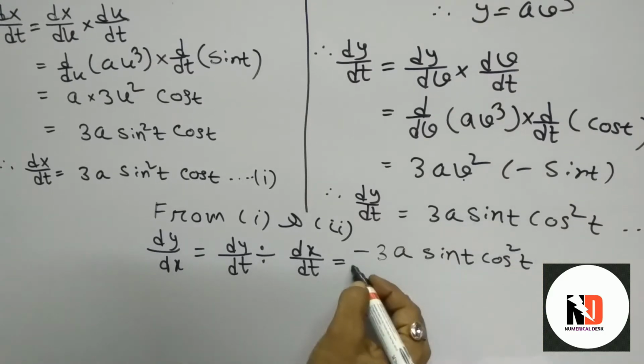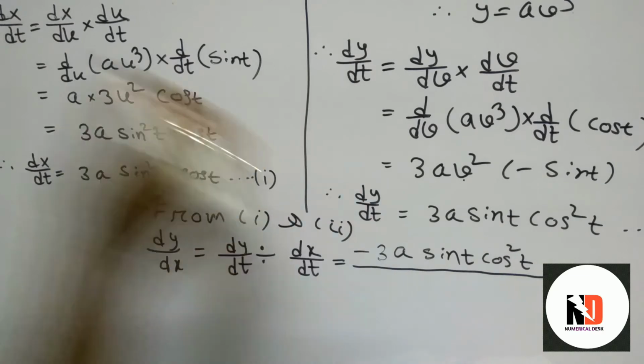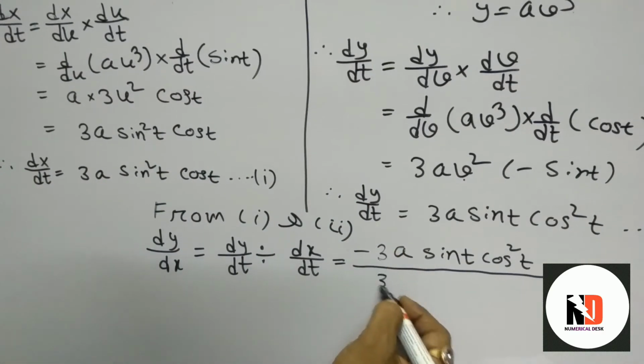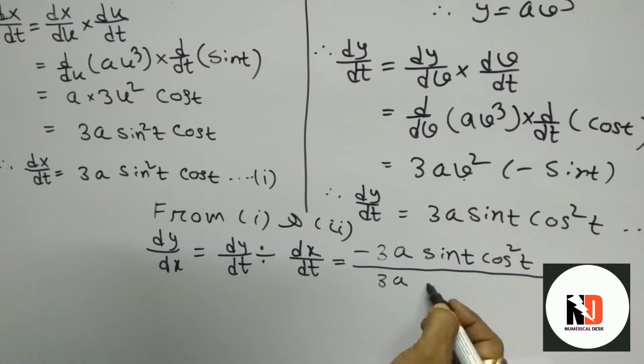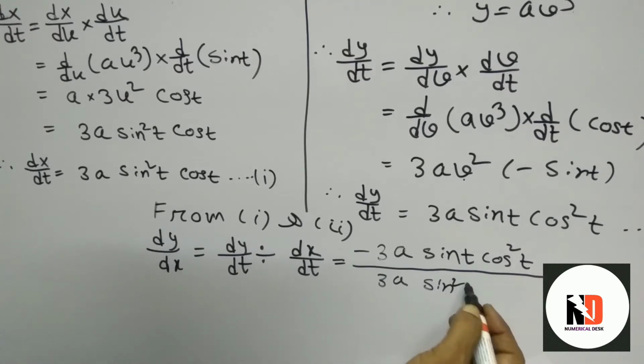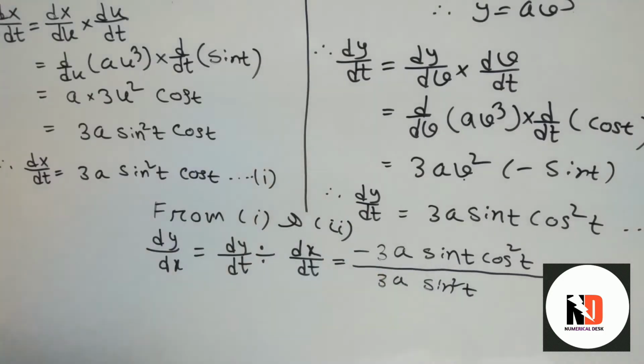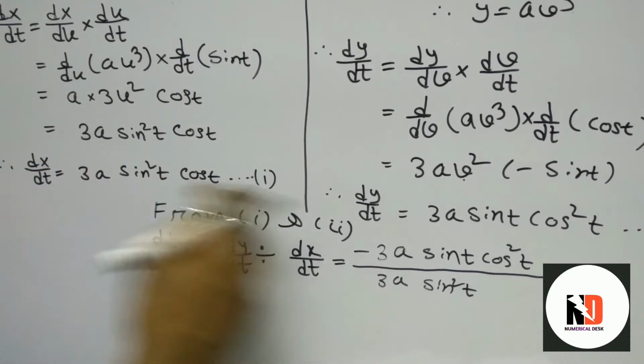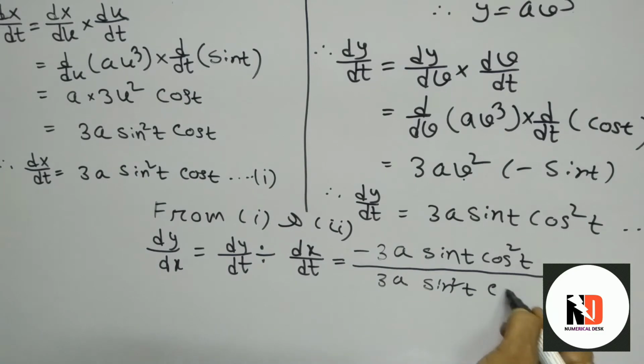And now 3a sin square t cos t from 1. Now let us cancel the cos t. So let's cancel.